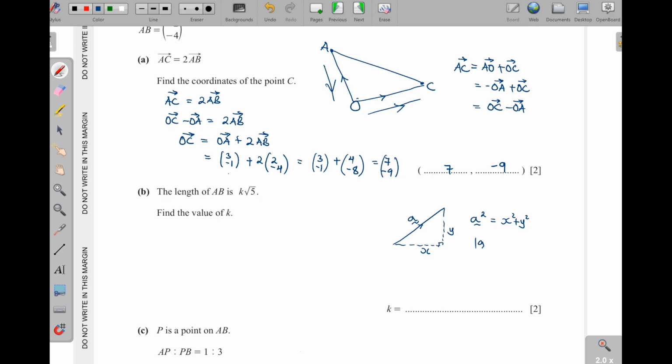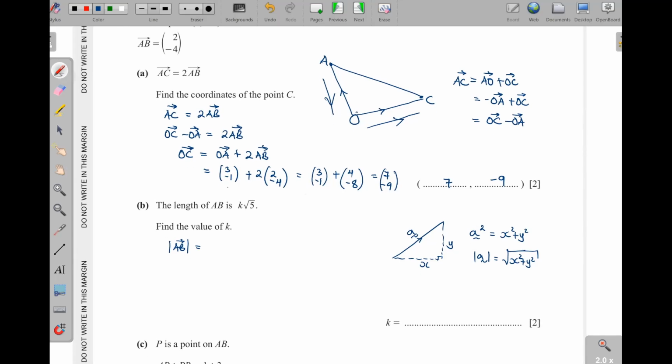So meaning the magnitude of A will be the square root of x squared plus y squared. So even here, the magnitude of AB, or the length of AB, is therefore going to be, remember here we have 2 and then -4. So it's the square root of 2 squared, then plus -4 squared.